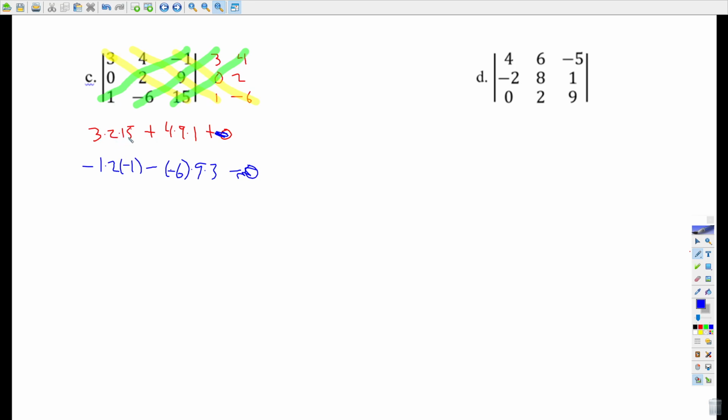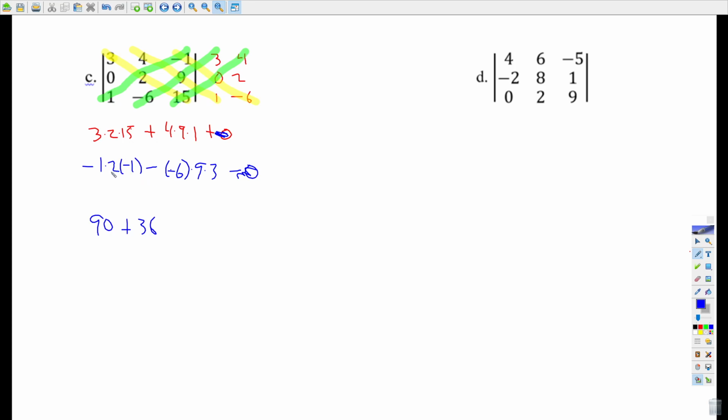All right, so we have 15 times 2 is 30, times 3, so it should be 90. Keep going. Plus 9 times 1 times 4, 36. Now you gotta be careful with the minus signs.